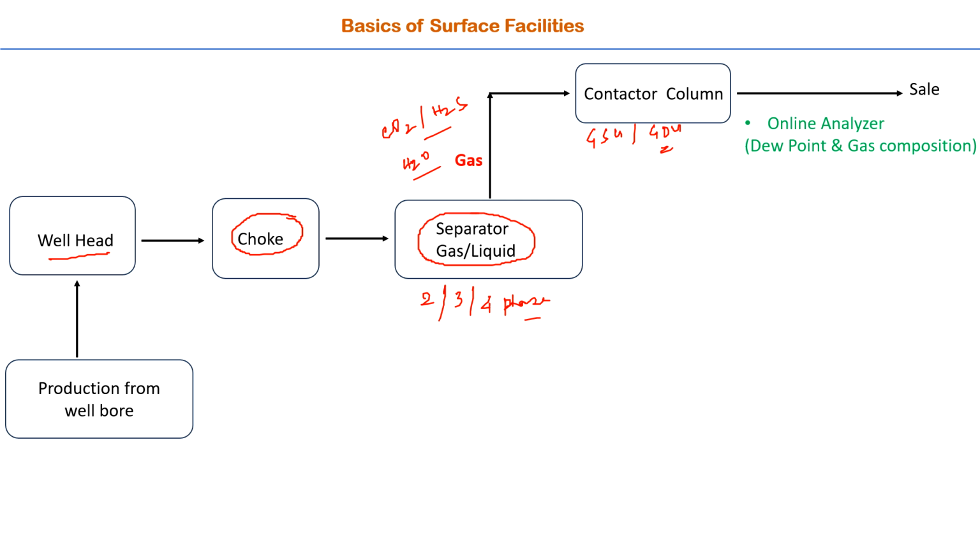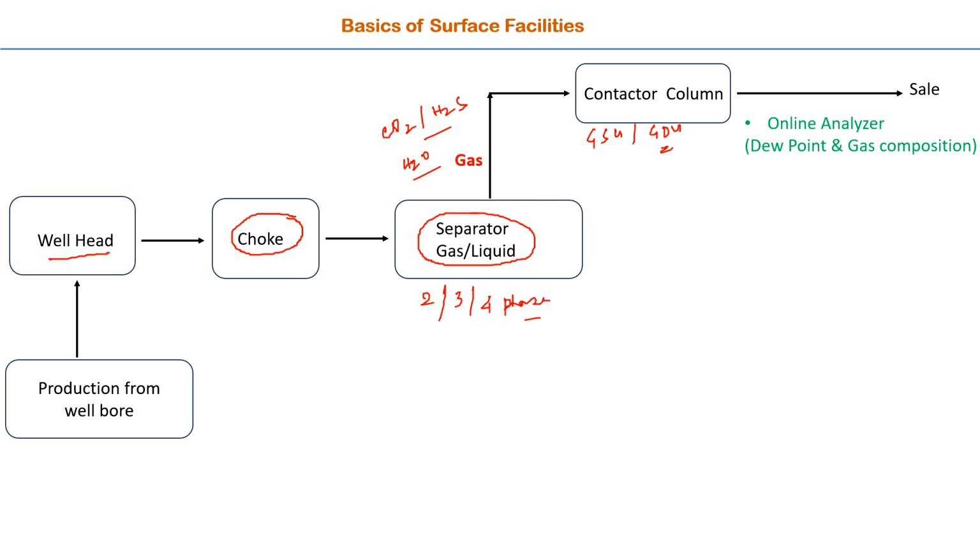So in the GSU unit we separate CO2 and H2S from the natural gas, and then we send it to the GDU where moisture is separated. Finally the gas is sent to the customer through a custody transfer meter once the gas matches our desired dew point and gas composition.